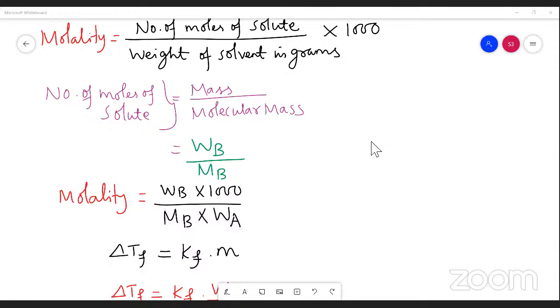Okay, good. If you have any doubt, you can ask tomorrow. Tomorrow also I'm going to take the class as a continuation on one more colligative property. Shall we close the class?